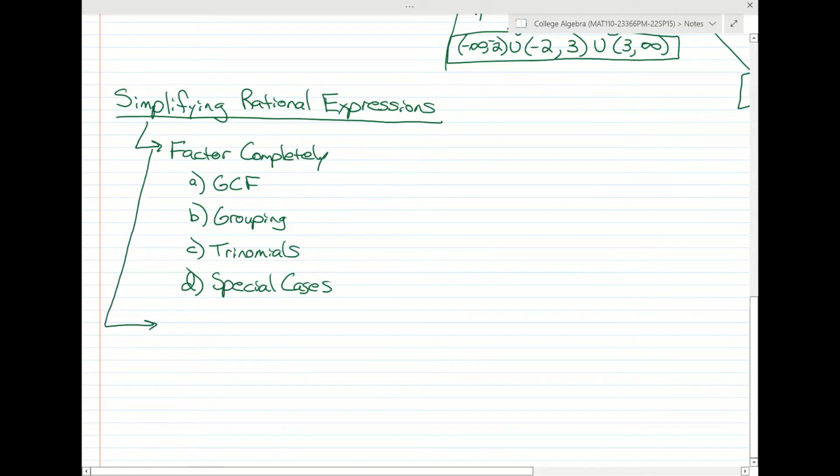Something else that we could do is factor out a -1 to rearrange subtraction. I'll show you some examples with that when we get there. For right now, let's just write it down so our notes are complete.